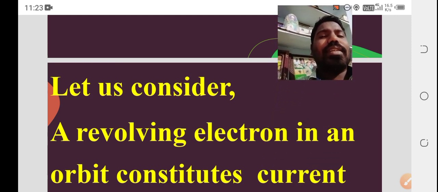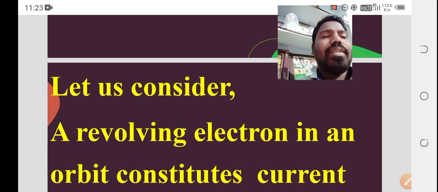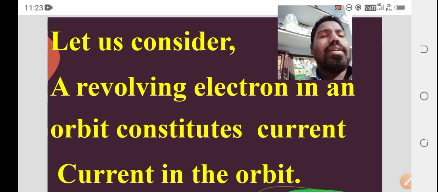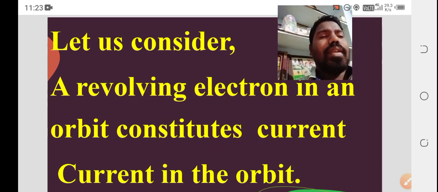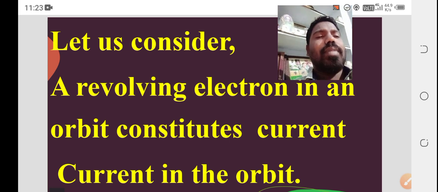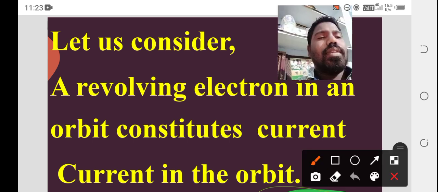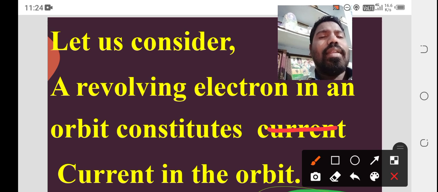Let us consider a revolving electron in an orbit. An electron in an orbit constitutes current in the orbit.